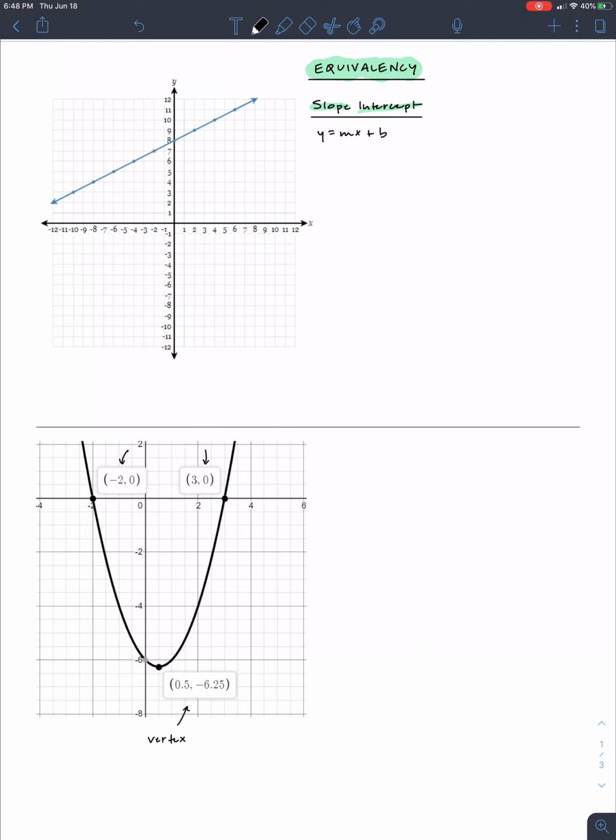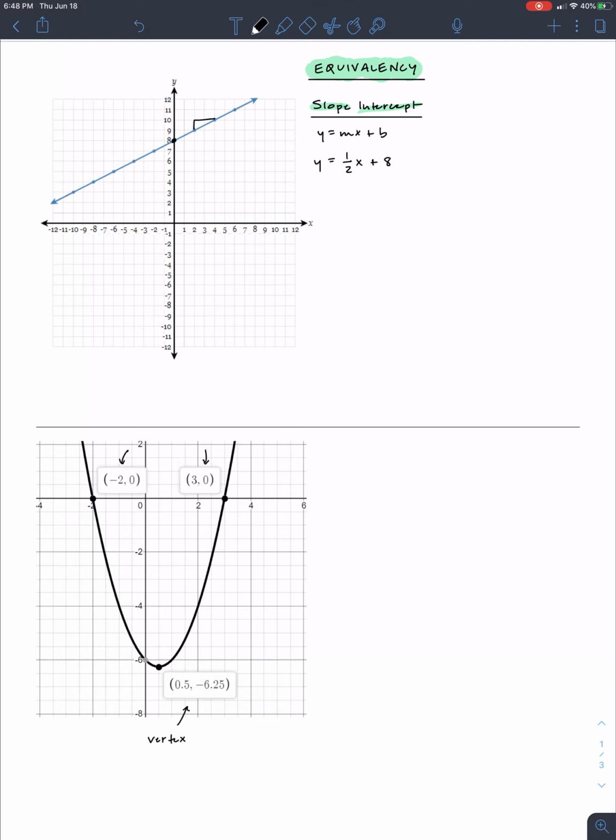So my slope here, if we count this out, is 1/2. And my y-intercept is 8. And so there's our line in slope-intercept form.